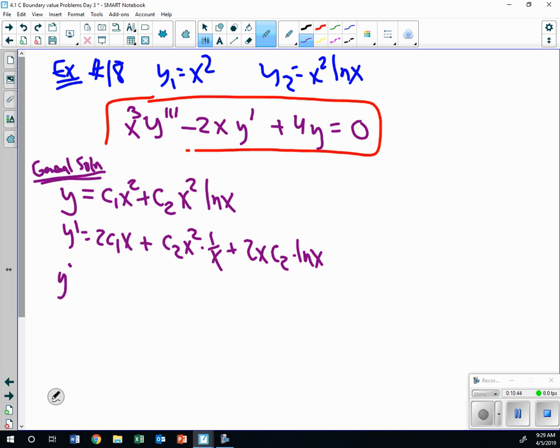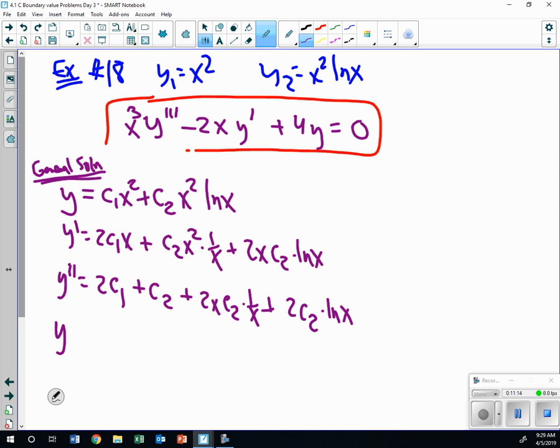The second derivative is going to be just 2c1, and then this is just going to be x, so it's just going to be c2x. This will just be c2, am I right? And then this one's going to be plus 2xc2 times 1 over x plus 2c2 times ln of x.